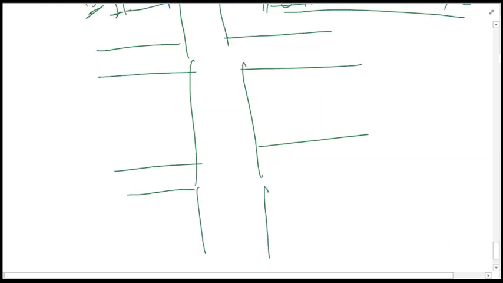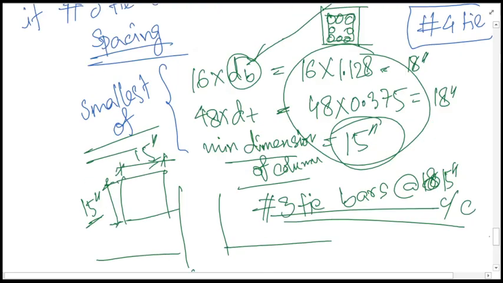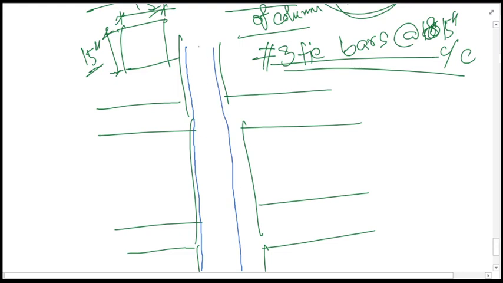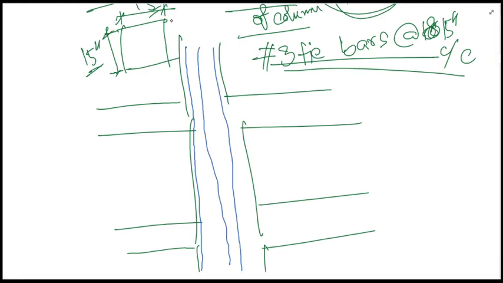This is the column. If this is the total column, you will have to draw the main reinforcement like this. Then you will have to provide the tie bars like this, the tie bar spacing, as you know.